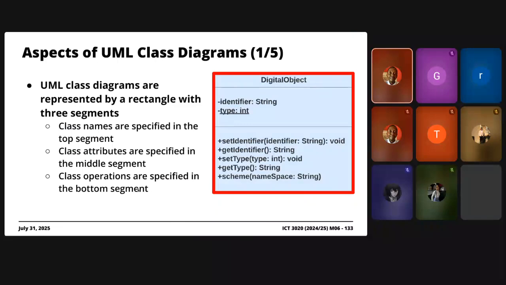Now, in terms of the actual specifics of what exactly we need to specify for us to provide a comprehensive, complete, and syntactically correct representation of a class diagram, this is best understood by looking at a single class here. So we see here that, as earlier mentioned, your class diagram is represented as a rectangle with 3 segments.